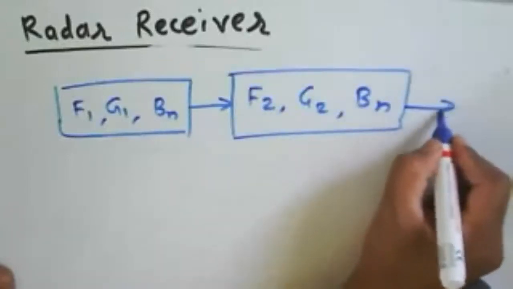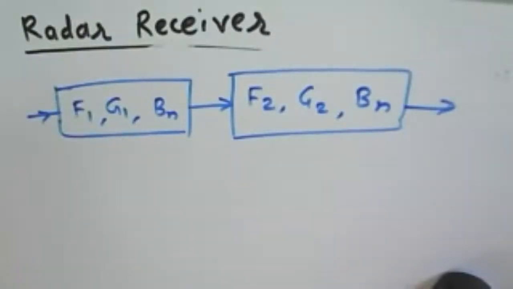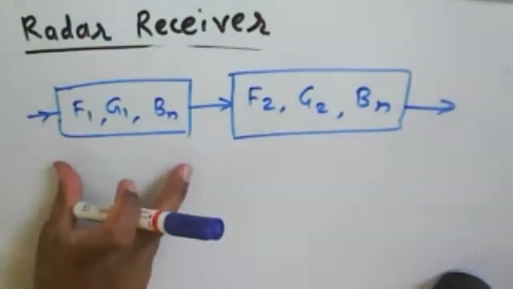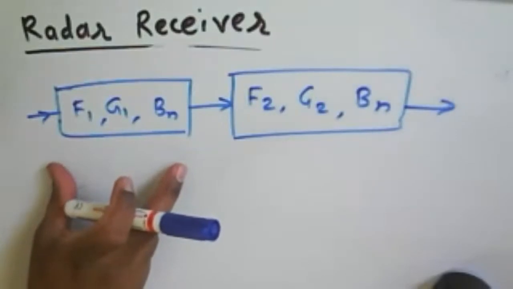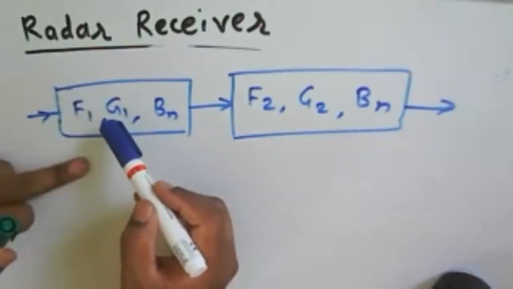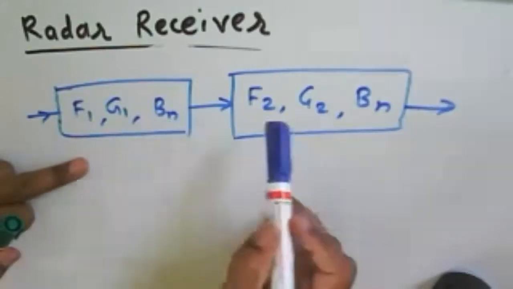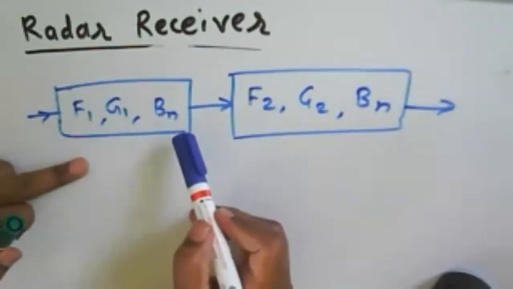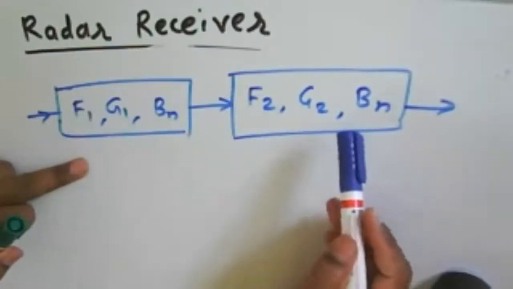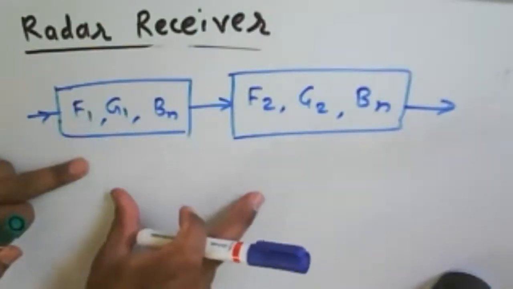Now these are the two networks cascaded here. So what will be the noise figure for these two devices? First we consider that the first has a noise figure F1 and a gain G1, but the bandwidth is the same for these two devices. So the available bandwidth Bn will be the same. Only F and G will be different for the different components.